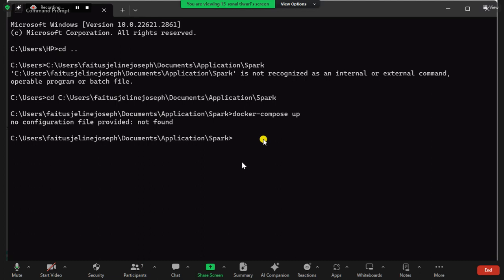Okay, no configuration file found. Go to that place, go to user, go to that folder, user Spark folder. You can go to the C drive and the Spark folder, you can see.